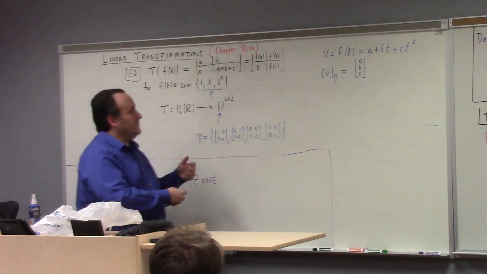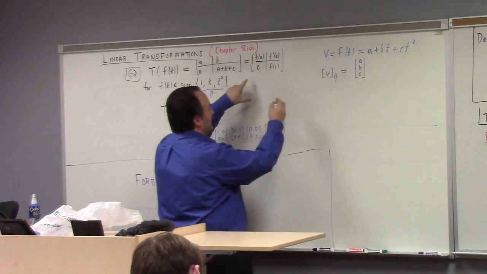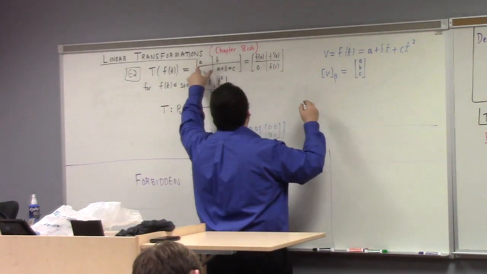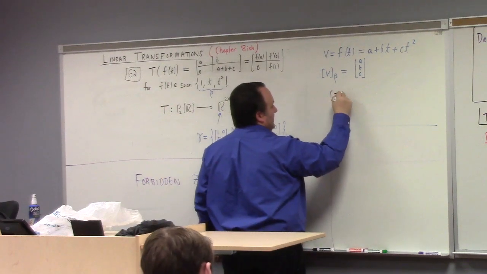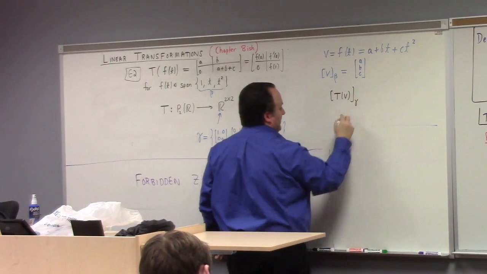Well, this right here is T of V. So what's the coordinate of T of V in this context with respect to gamma?